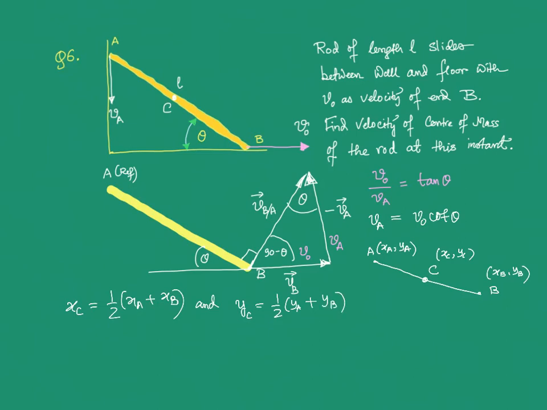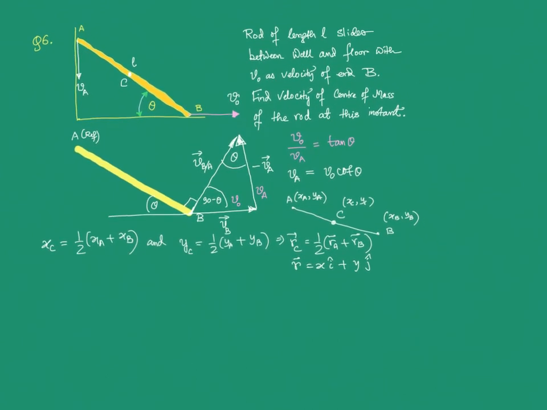So if you combine these two, you can write the position vector. So RC is equal to half of RA plus RB, right? Because simply R is equal to x i cap plus y j cap. So this follows from there.